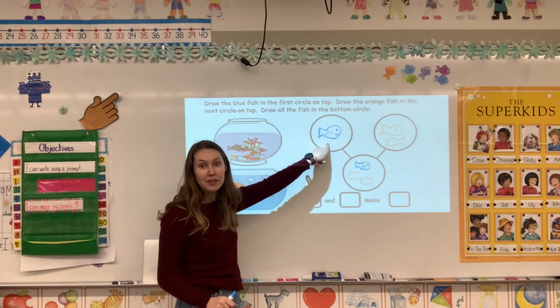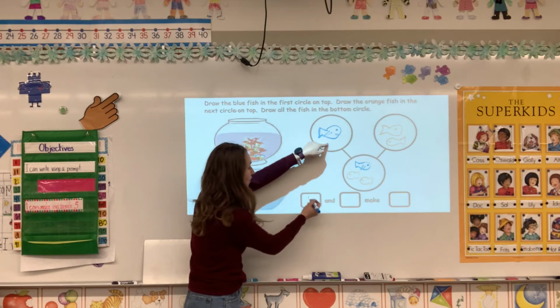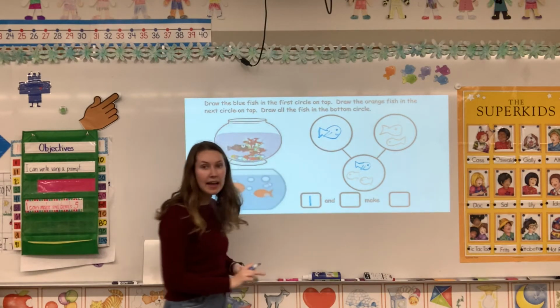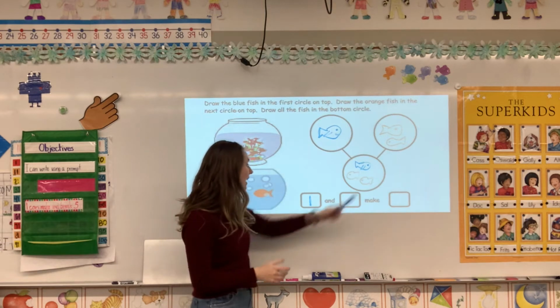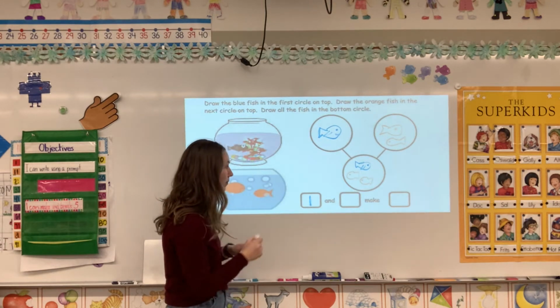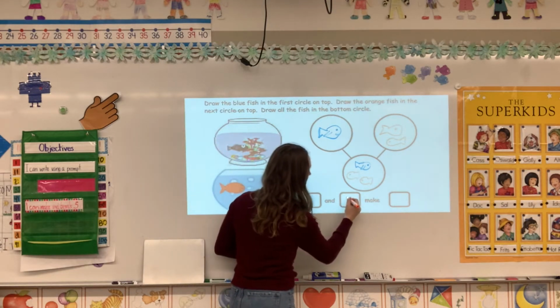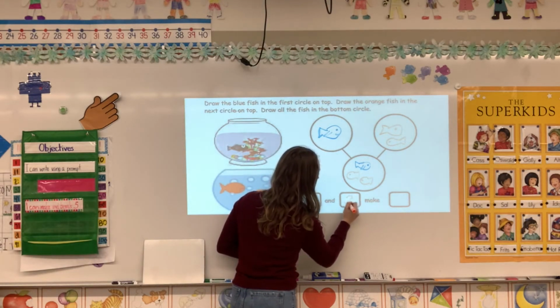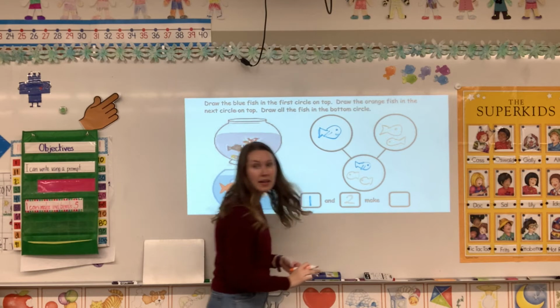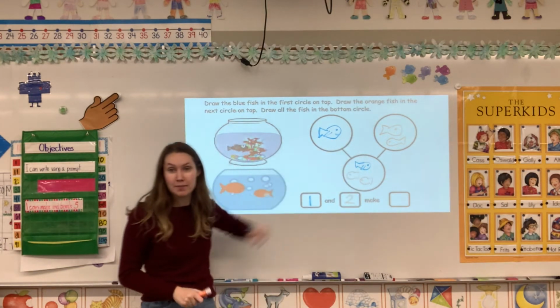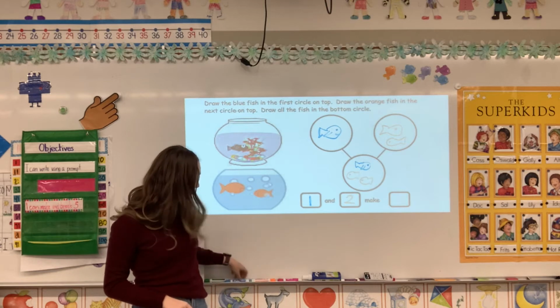How many do we have in our first circle? We have 1. And then how many are in our second circle? 2. We had 2 orange fish. 1 and 2 make. And what did it make when we put them all together in the bottom?